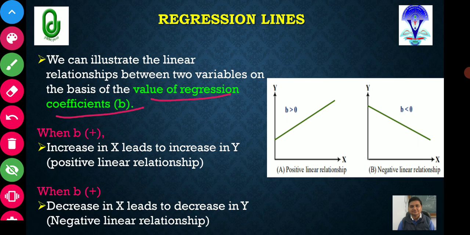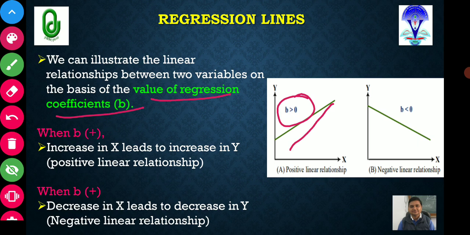Now if you want to look at this regression line in terms of the regression coefficient, here you can see when b is positive, that means when b is greater than 0, again in the regression line, it will be increasing. That means it will be going upward from left to right.